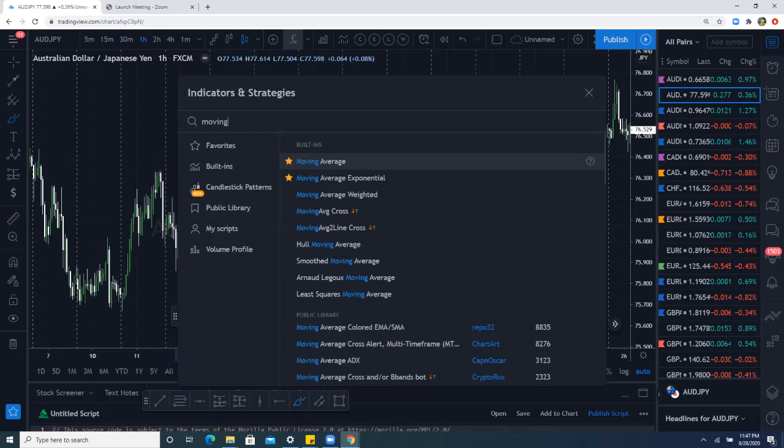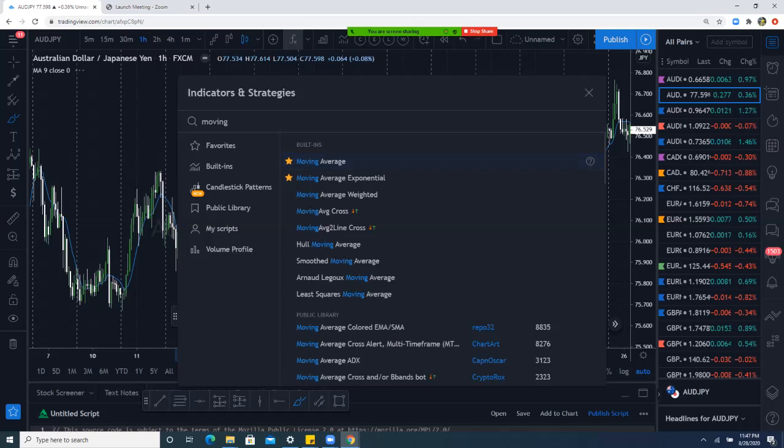An exponential moving average is going to put more emphasis on more recent price action. So say it's a 20 period moving average, it's going to weight maybe the last 10 or the last 8 price closes a little bit more than the older price closes to give you a more reactive line.